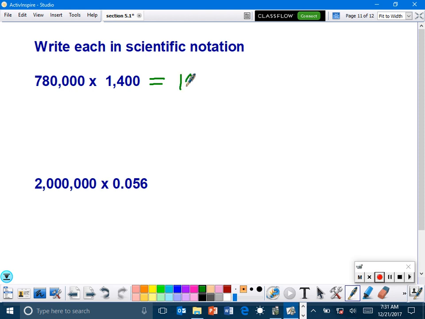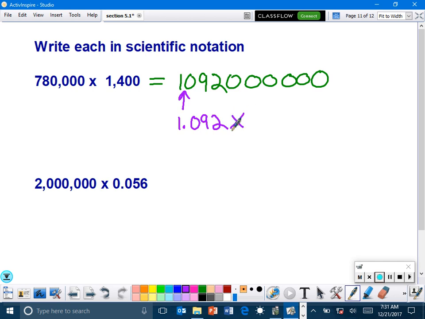So I'm going to get 1092 followed by 6 zeros. I want my decimal to be right here. So 1.092, the rest of the zeros get dropped off, times 10 to the 9th.